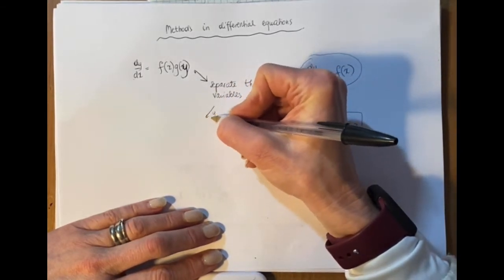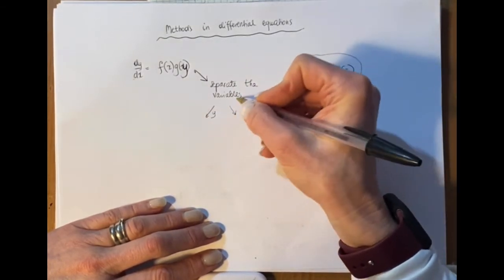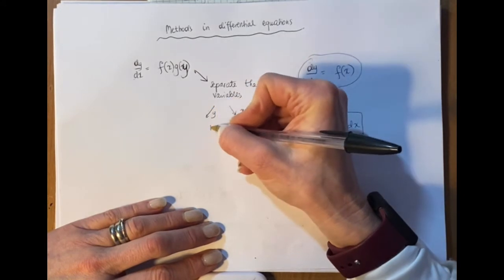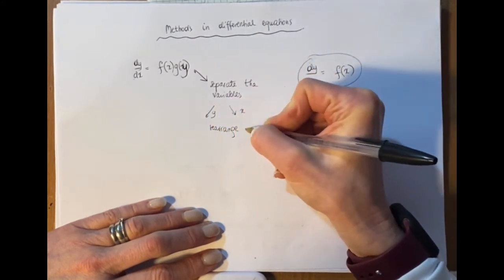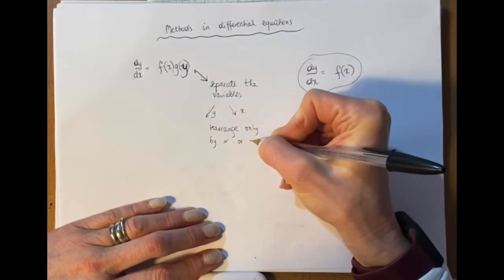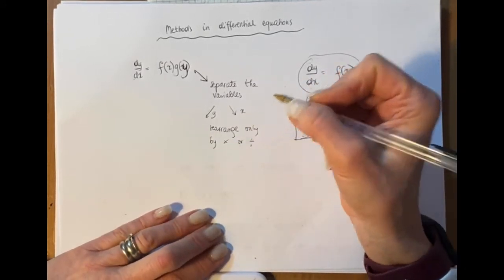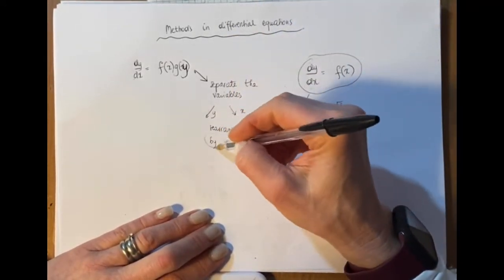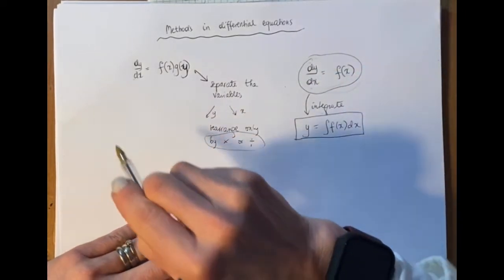So y's go on this side and x's go onto this side. You can only rearrange by multiplying or dividing, so never by adding or taking away or square rooting, anything like that. These are the only two operations you're allowed to carry out.